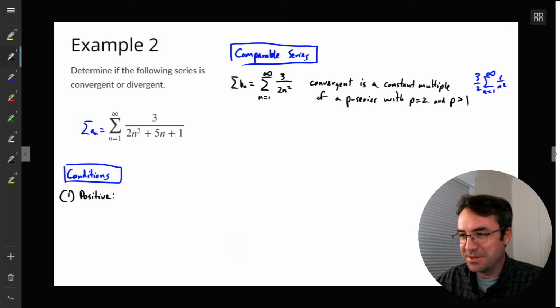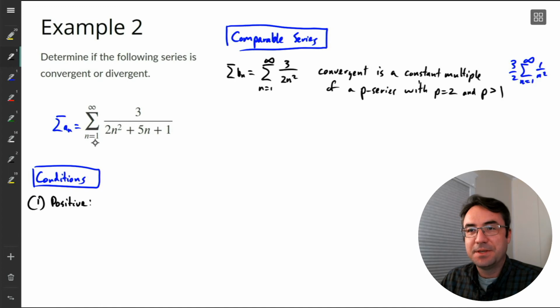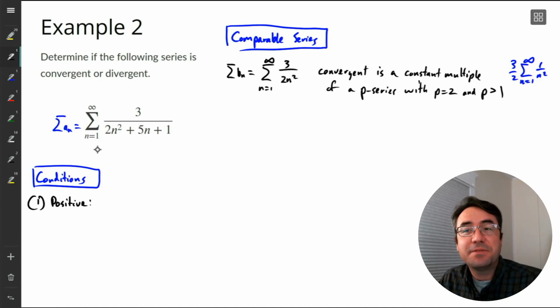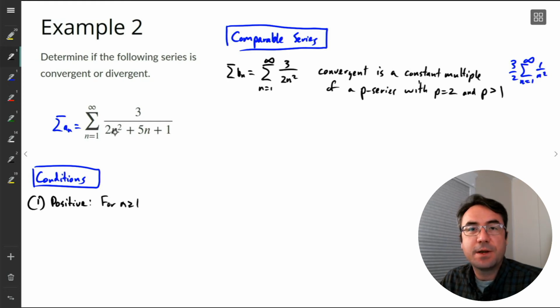I feel like I do that every single time, at least once. So this 5n could technically be negative if we were doing negative n values. But for n greater than or equal to 1, the 2n squared here is positive. We're adding in a 5n, that's positive. 1 is positive, 3 is positive. So everything here is positive.